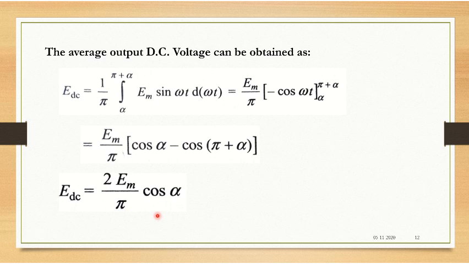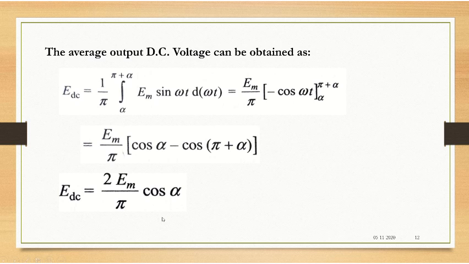That's the meaning: positive 2 Em by pi to minus 2 Em by pi. So by controlling alpha, you can control the DC voltage between positive and negative values. That's why we say we get the output in two quadrants in this type of converter.